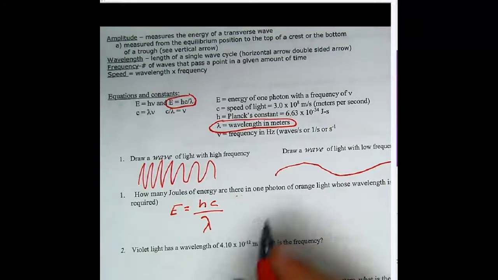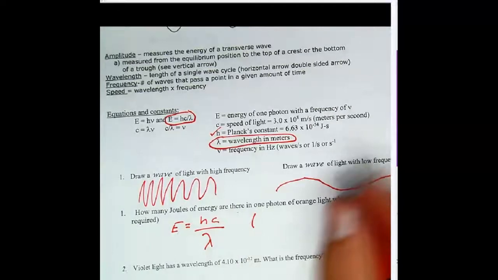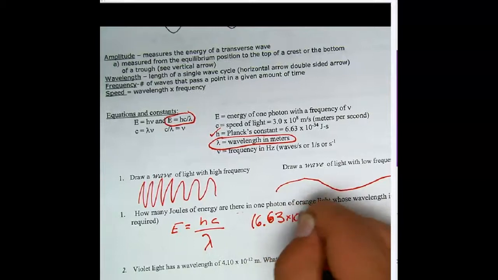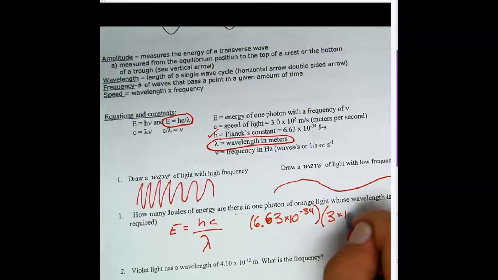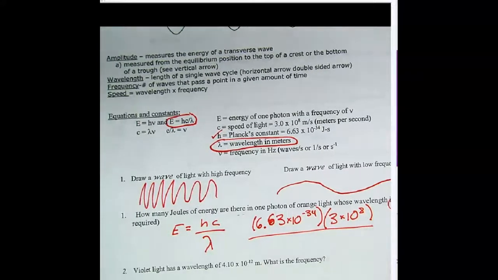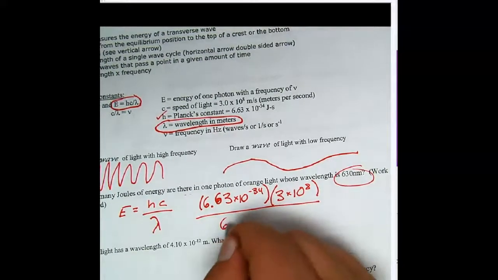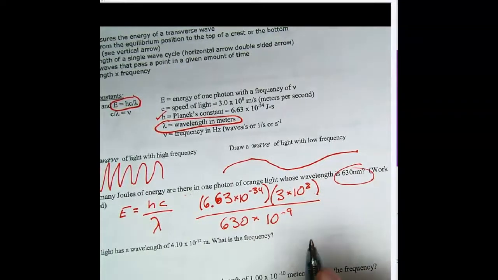So h is given right here. It is 6.63 times 10 to the negative 34th, times the speed of light, which is 3 times 10 to the 8th, divided by 630 nanometers. 630 nanometers is times 10 to the negative 9th.